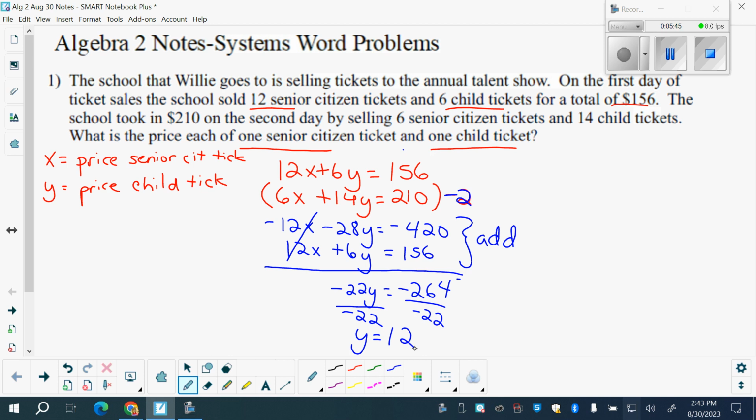Are we done? No, we need to find out what x is. So how do we do that? Just like we did yesterday. Joaquin, what would we do to find our x value?